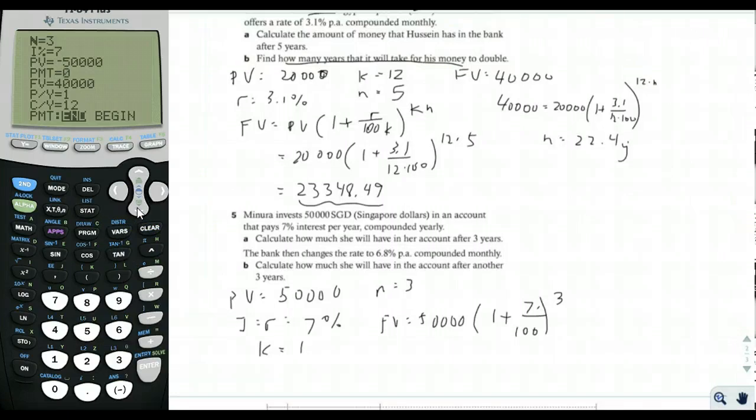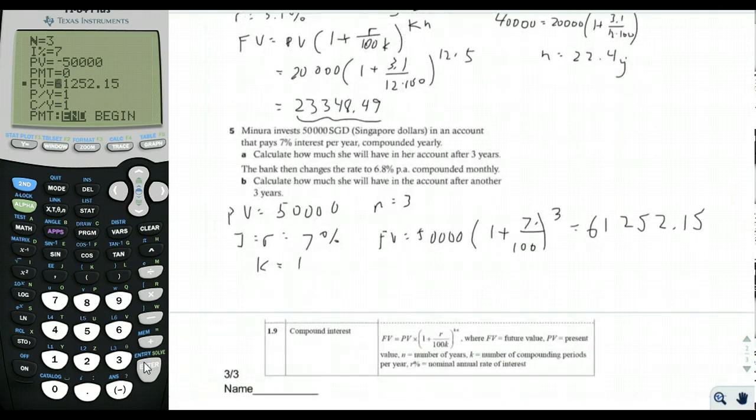Future value is we don't know yet. And the compounding is 1 per year. So we go to the future value and press alpha, enter. And it gives us 61,252.50. So that's after 3 years, that's what she has.